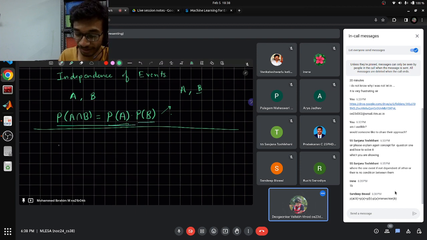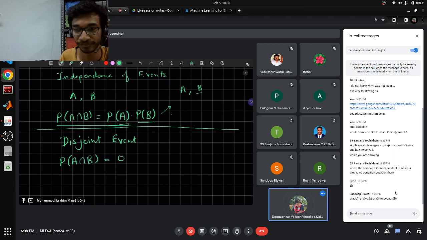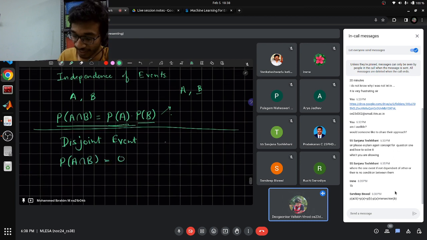But a disjoint event is something different. A disjoint event means that P of A intersection B is actually 0. So if A is occurring, B definitely can't occur.